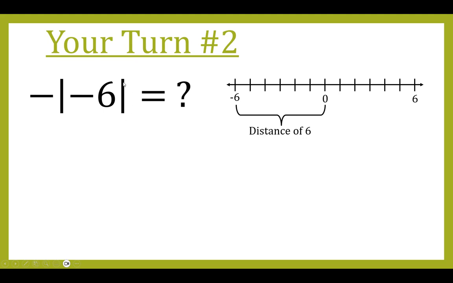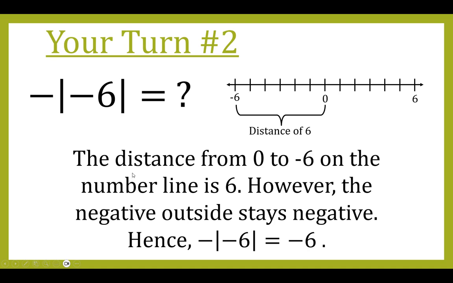So that means that this right here is all 6, but I still have this negative on the outside. So the distance from 0 to -6 on the number line is 6. However, the negative outside stays negative. So since I have this negative on the outside, it will stay negative. Hence, negative absolute value of -6 equals -6.